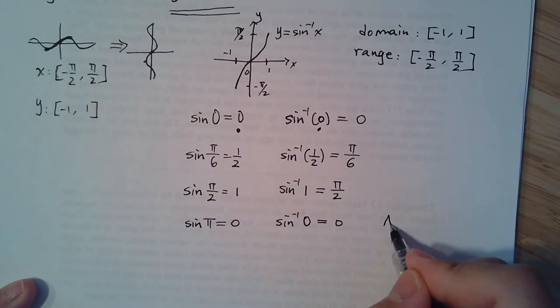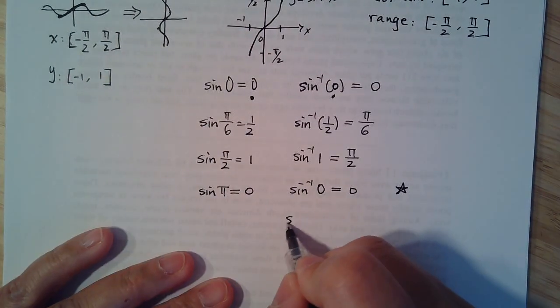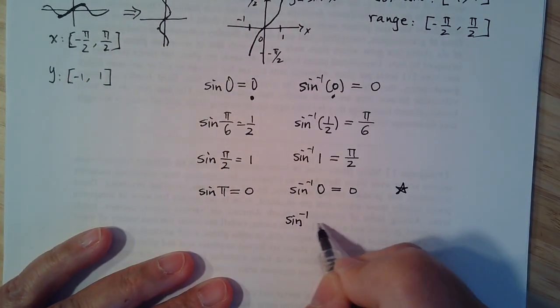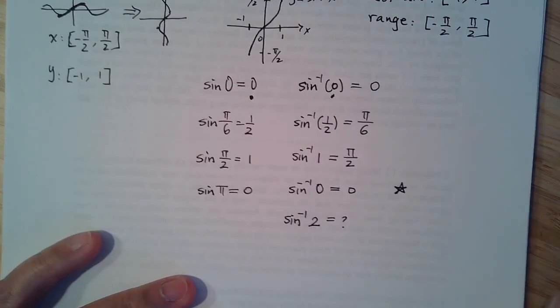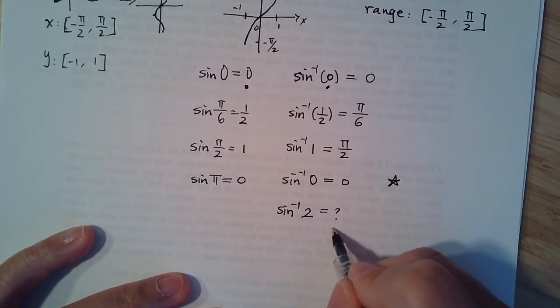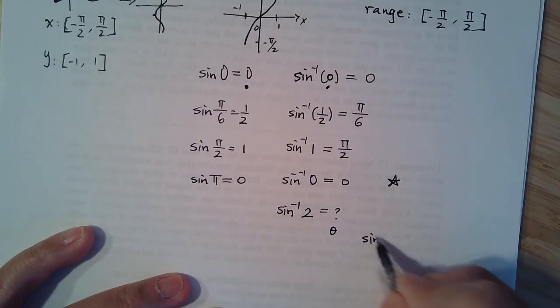So this is very tricky, isn't it? All right, now, can you find sine inverse 2? What it says is this: you're looking for an angle. Can you find θ such that sine θ equals 2?